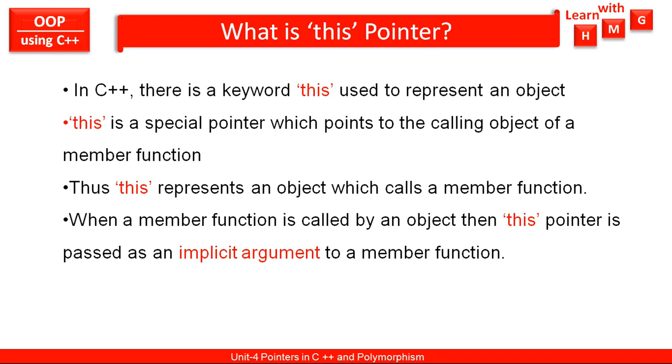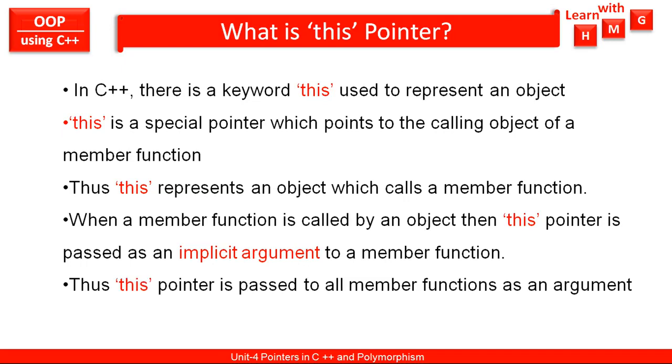It is passed as an implicit argument to the member function. So whenever the member function gets executed, this implicit argument, that is this pointer, is always available for operation within the member function. Thus this pointer is passed to all member functions as an argument.